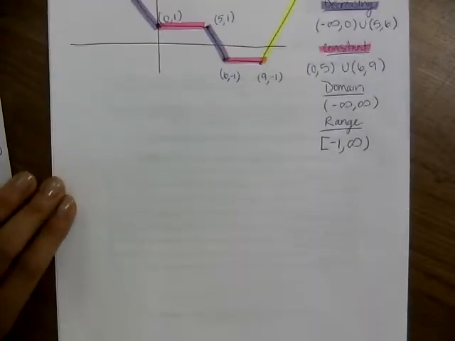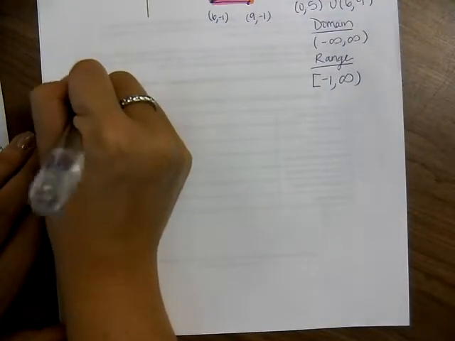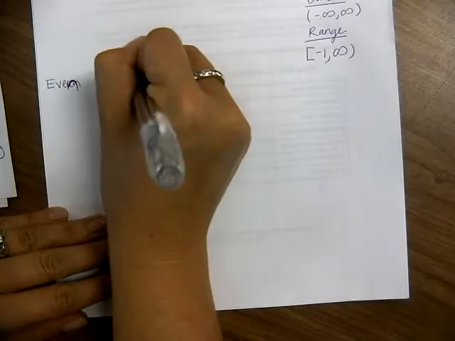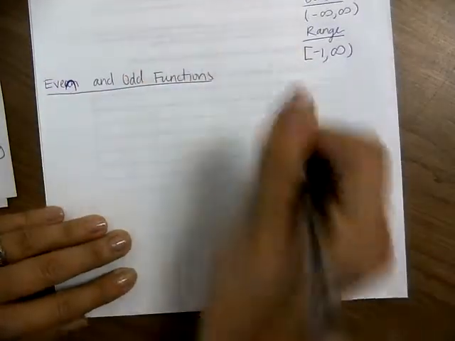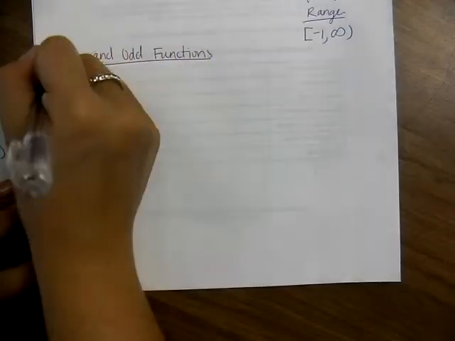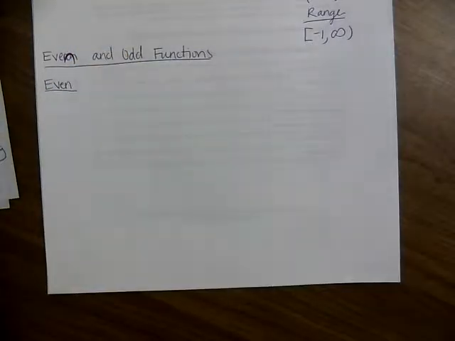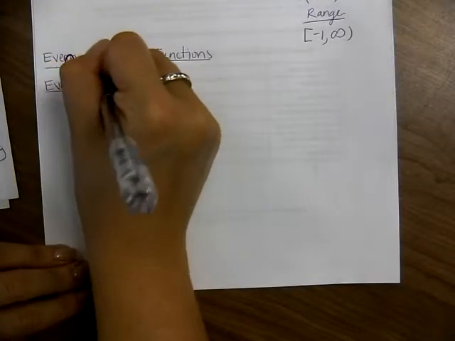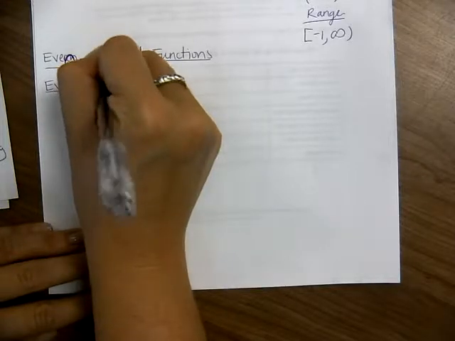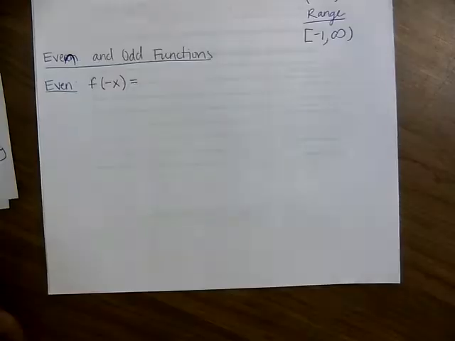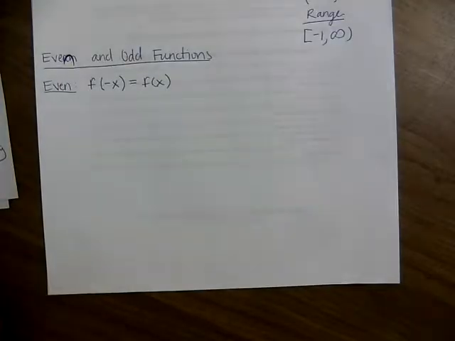Okay. We're going to talk about even and odd functions. Oh, that's not how you spell even. There we go. Okay, so an even function says that if you have f of x, and you were to plug in a negative x everywhere you saw an x, you would get exactly the same thing that you started with.